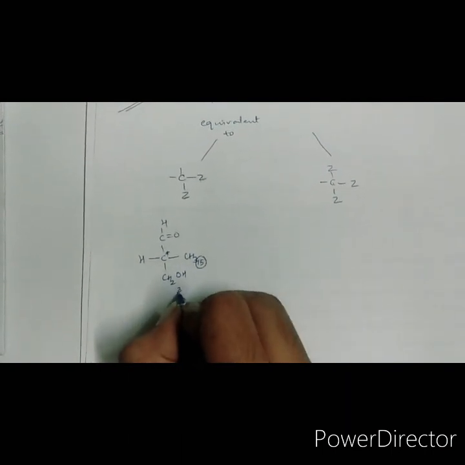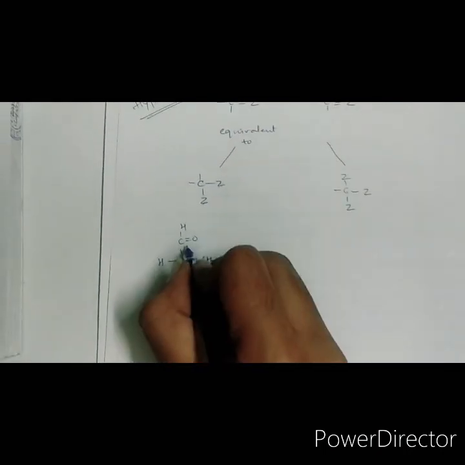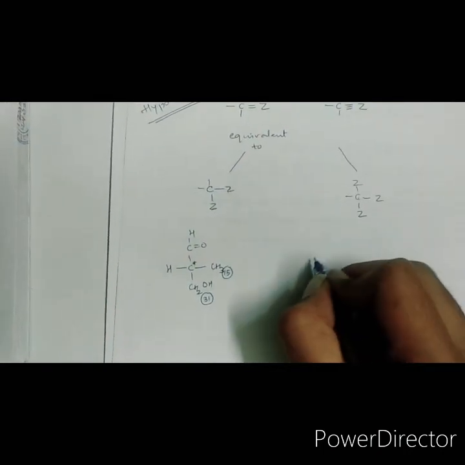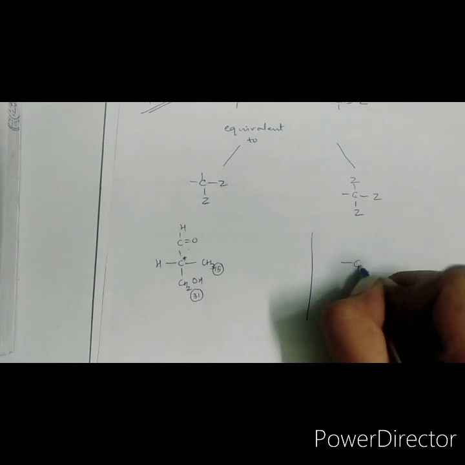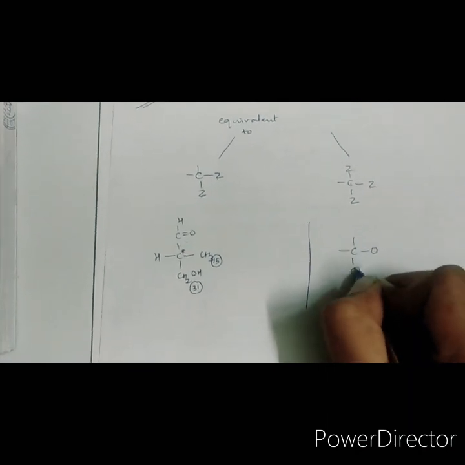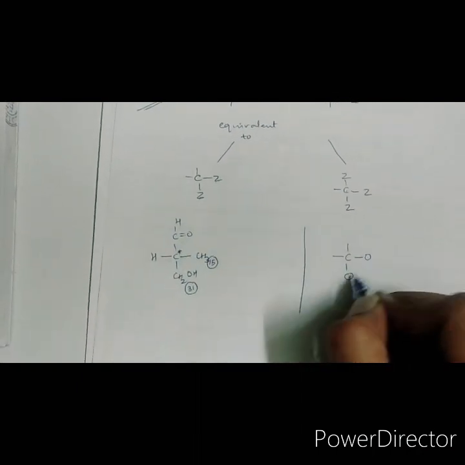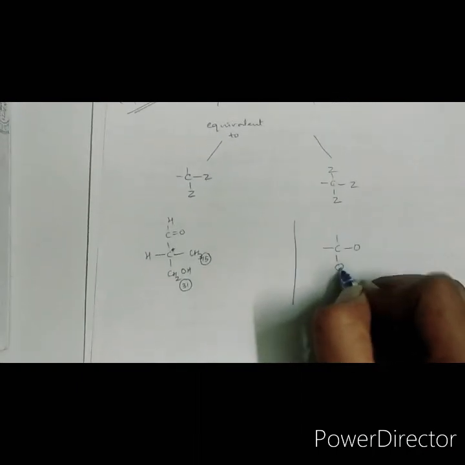So it will be 31. So now this CO is considered as C and O because it is double bonded, so it is considered as CO and O.